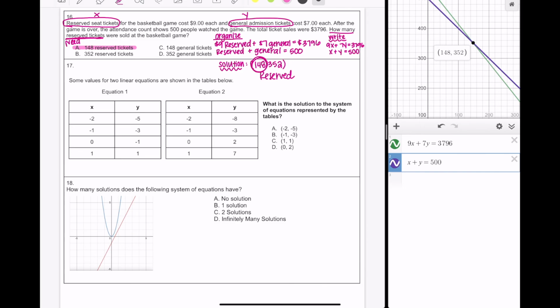Okay, number 17. Some values for two linear equations are shown in the tables below. What is the solution to the system of equations represented by the two tables? Okay, so the solution, think about what solution means. The solution is the point that the two lines have in common.